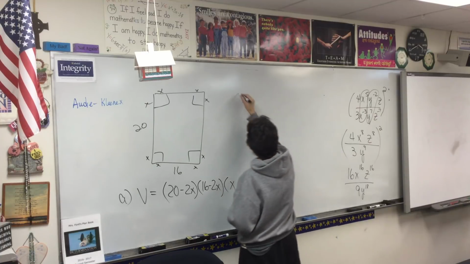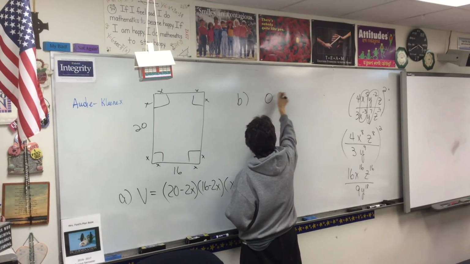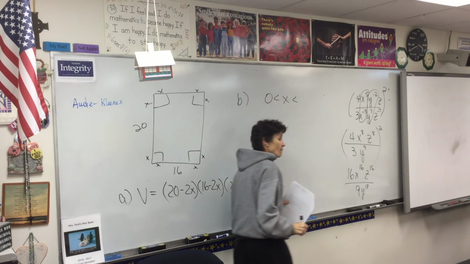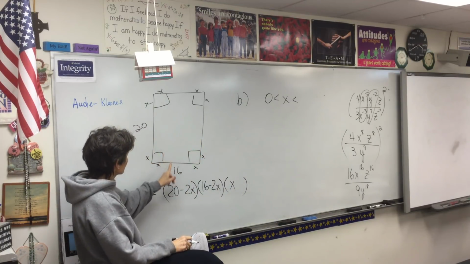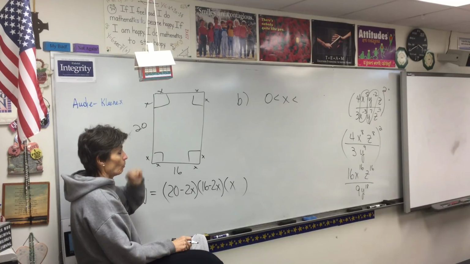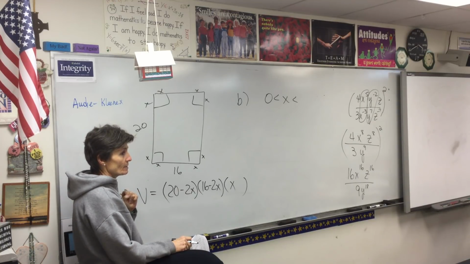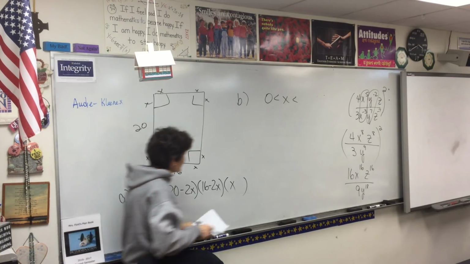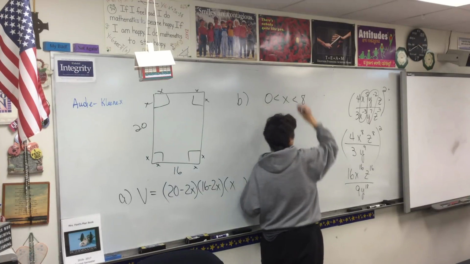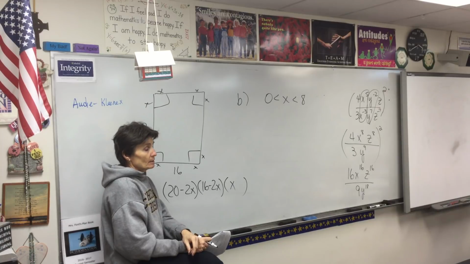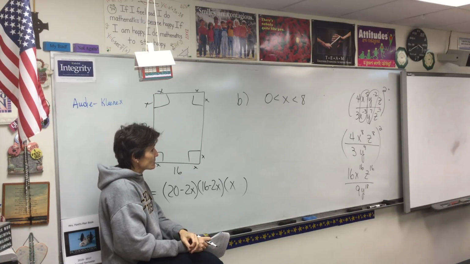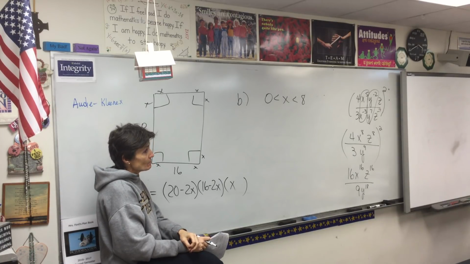The domain is always 0 less than x less than something. The sides of the paper are 16 and 20. What's the smallest one? What's half of that? That's the number that goes here every single time. I don't even know how else to say it. I've said it so many times. 0 to 8. 0 to half the smallest dimension.